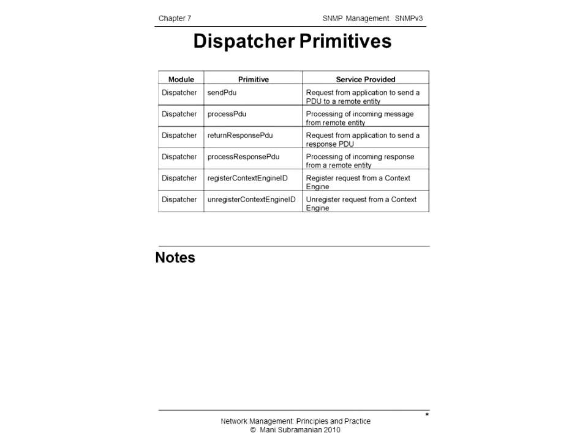Here we have the module dispatcher. The primitive is send PDU, and the service provided is a request from the application to send a PDU to a remote entity. And so on.